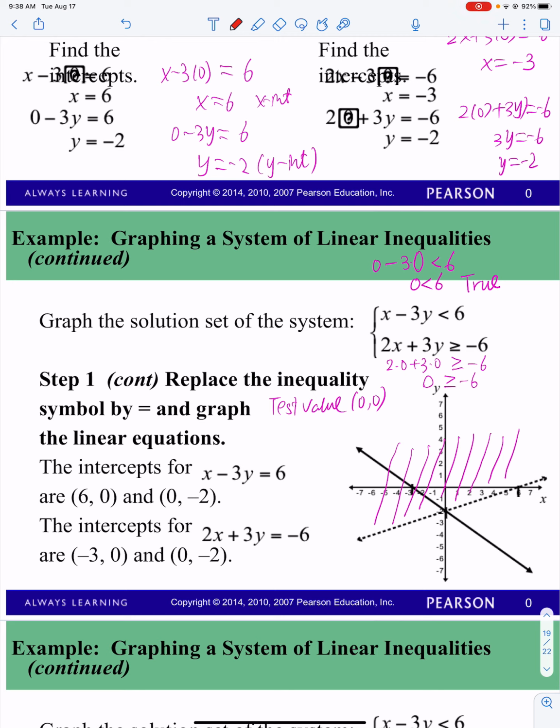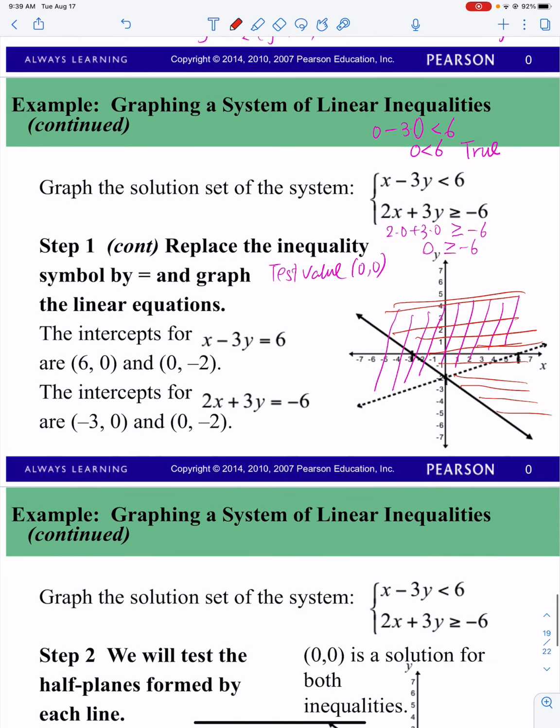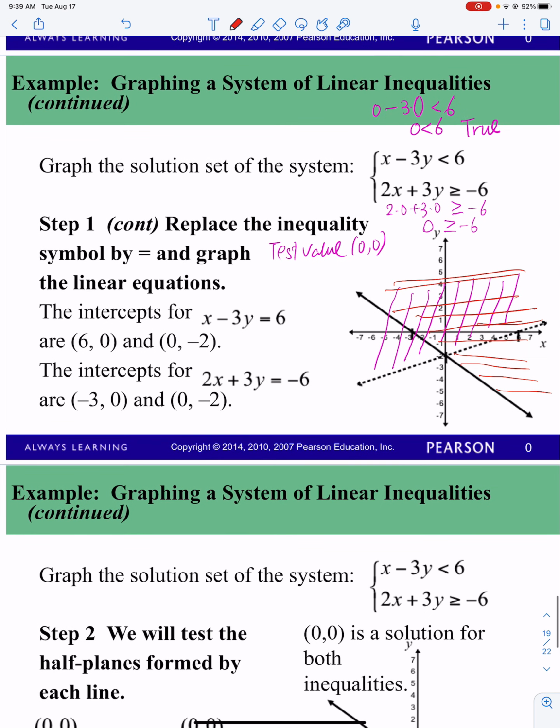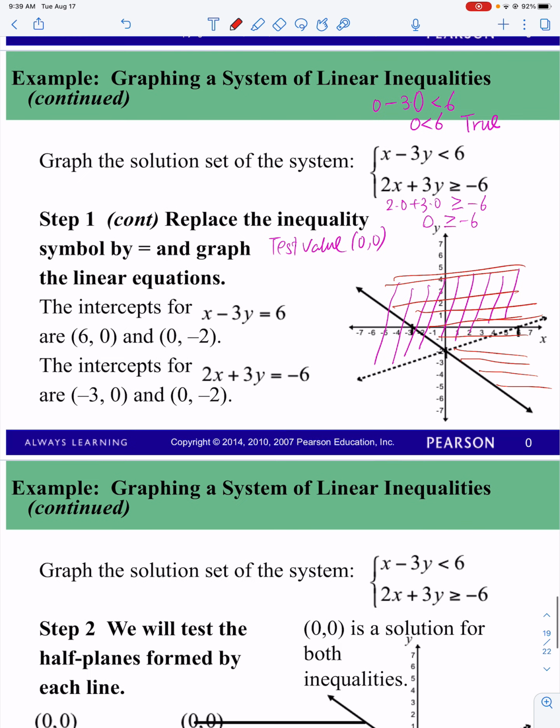Okay, so then what will be the area of this one? It will be all the points that contain 0. So the area that is the solution of this linear system is where they overlap. Are you with me? So where do they overlap? It's right here.